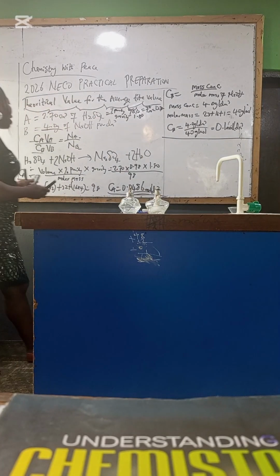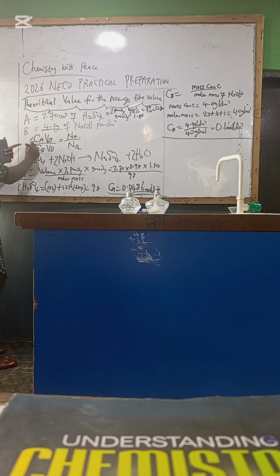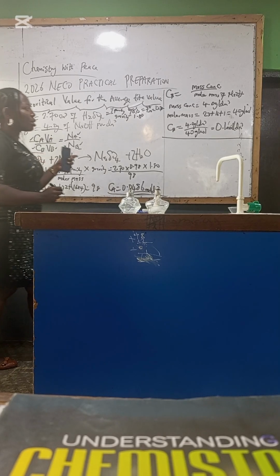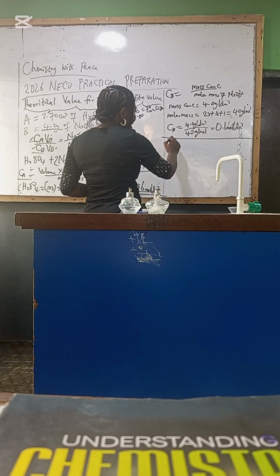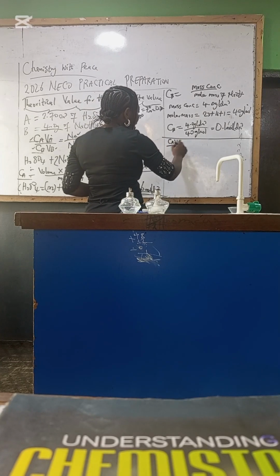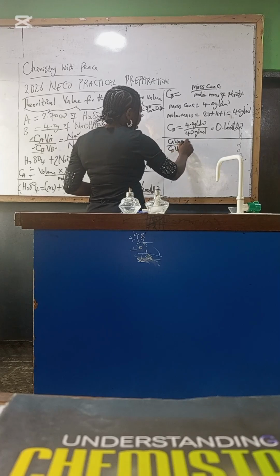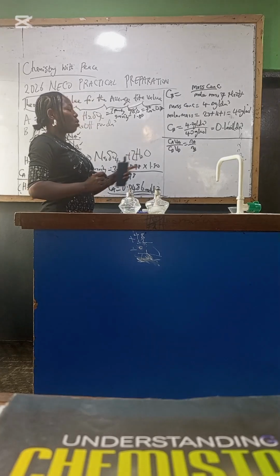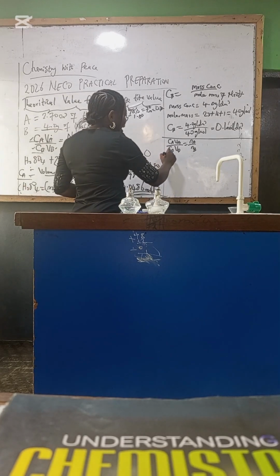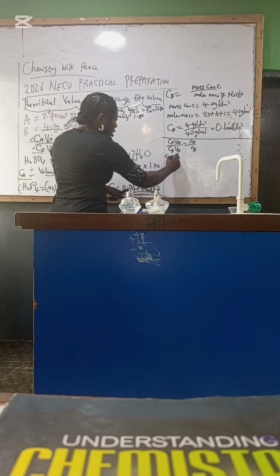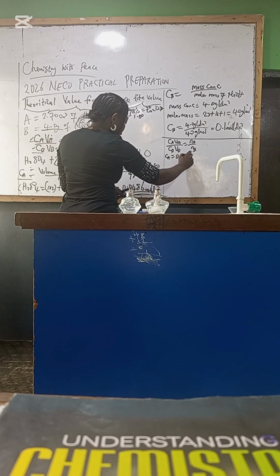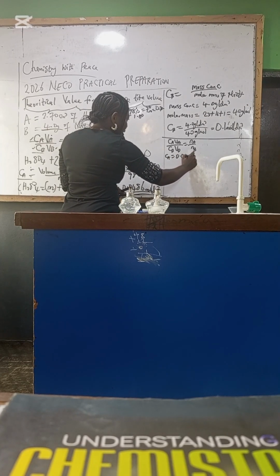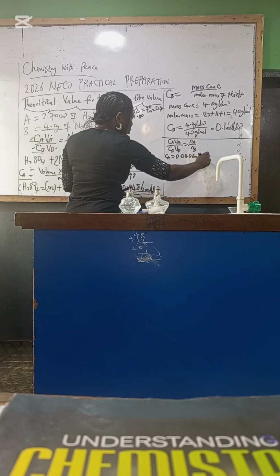Then the next thing now, we are going to substitute our values. Remember our formula, CA VA over CB VB equal to NA over NB. Our CA is equal to 0.048 mole per dm cube.